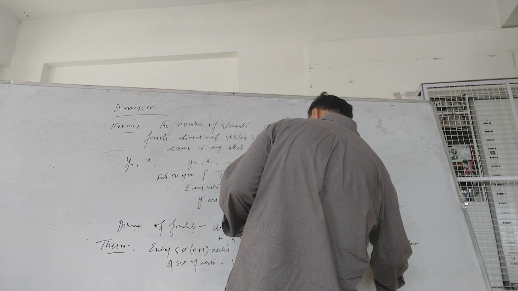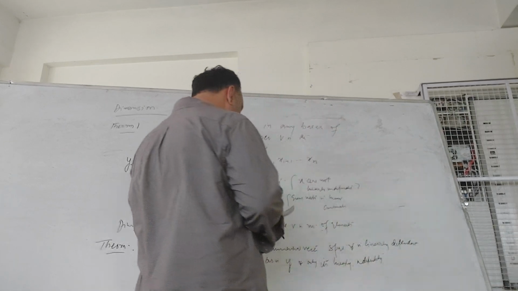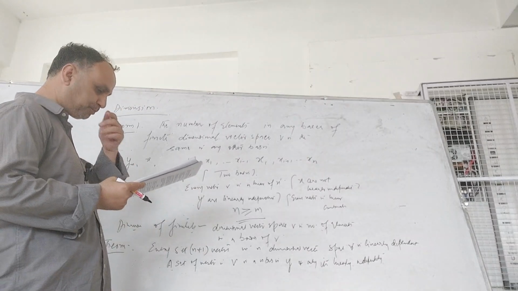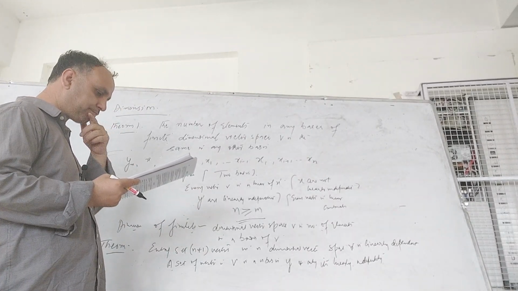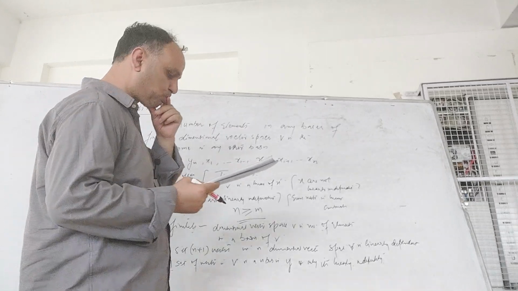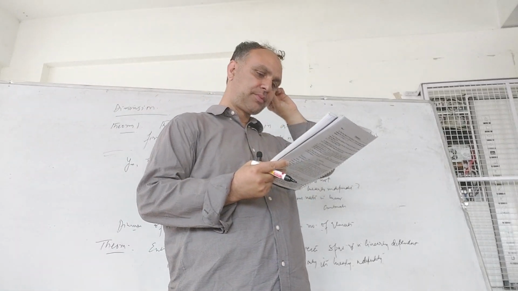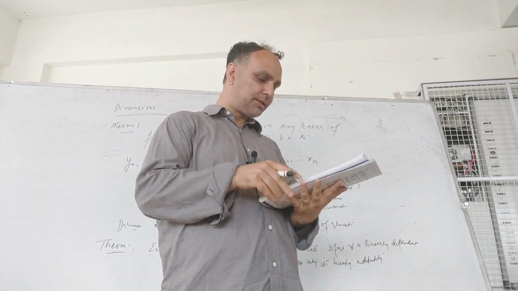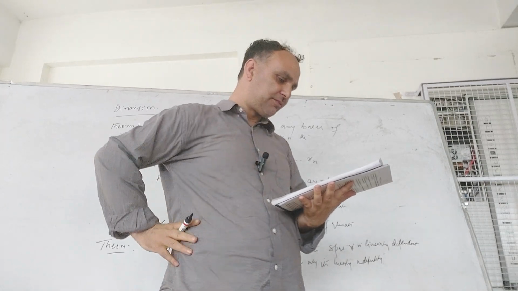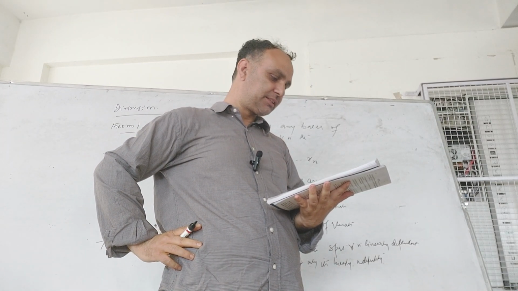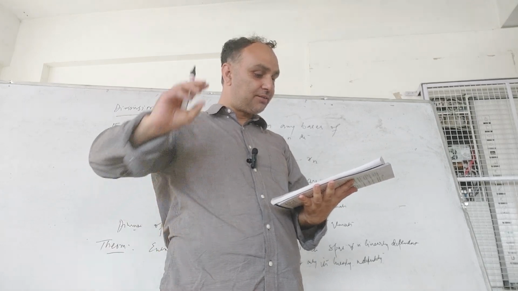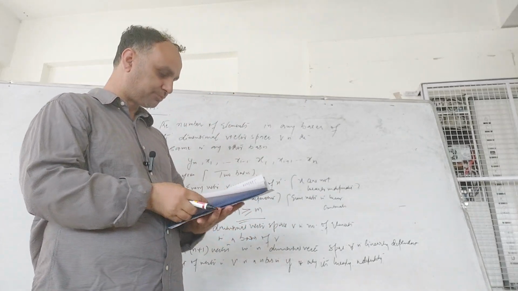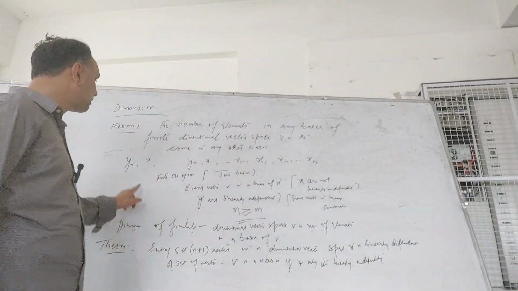Or alternatively, if and only if every vector in V is a linear combination of the elements of the set. So the argument is every set of n plus 1 vectors in an n-dimensional vector space is linearly dependent, and a set of n vectors in V is a basis. So you can see the argument goes like this.